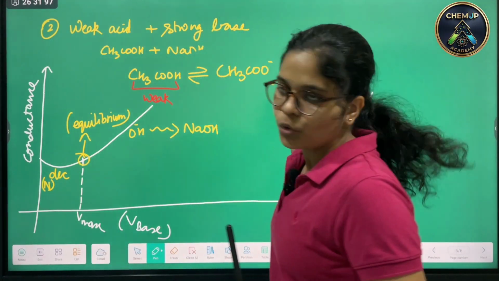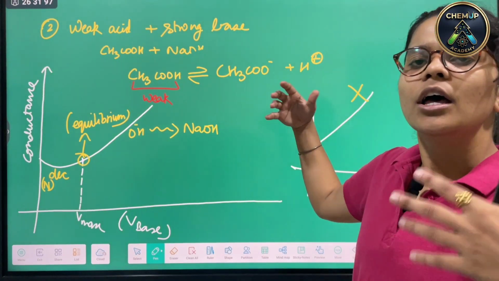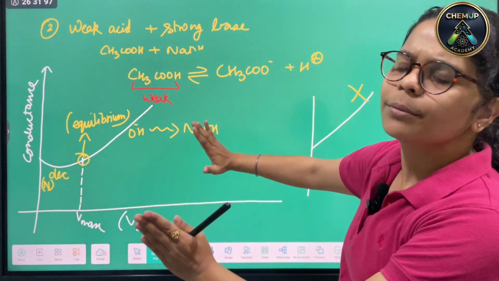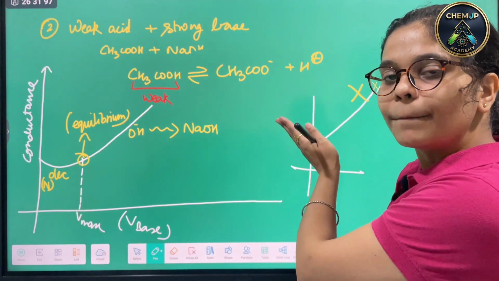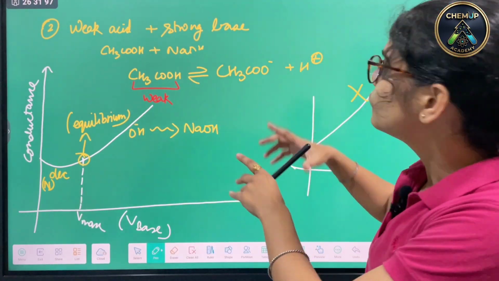Because of these ions only, whatever conductance was there, we could say that the equilibrium should shift in the forward direction.